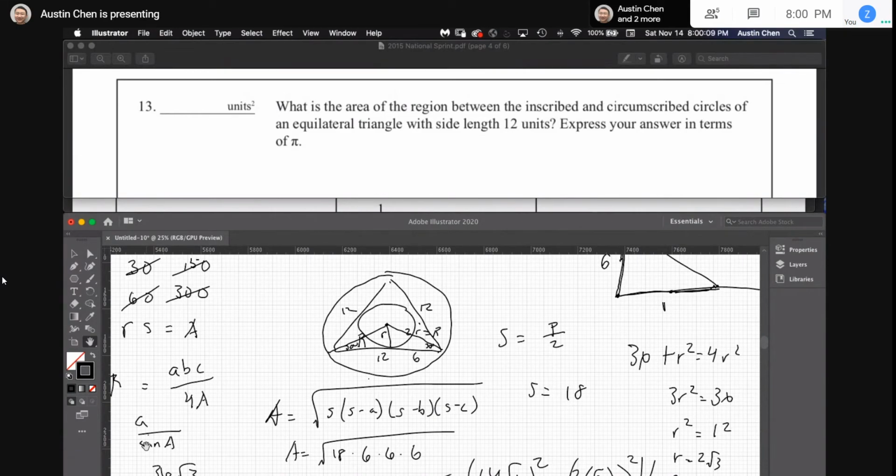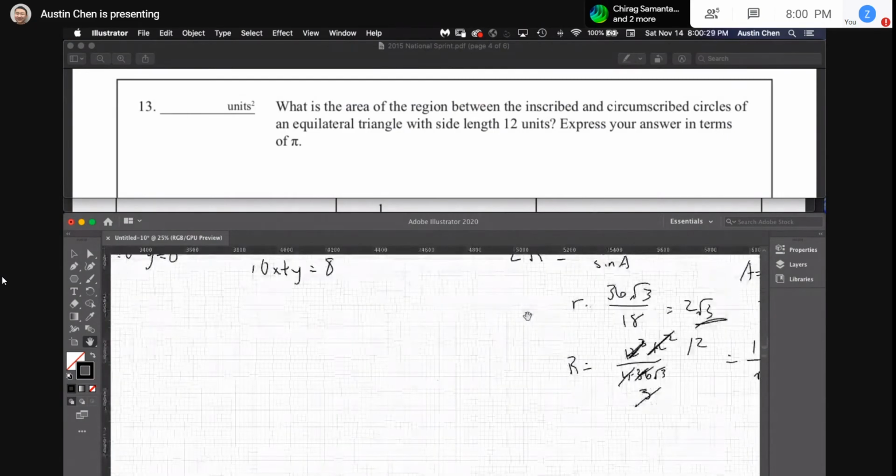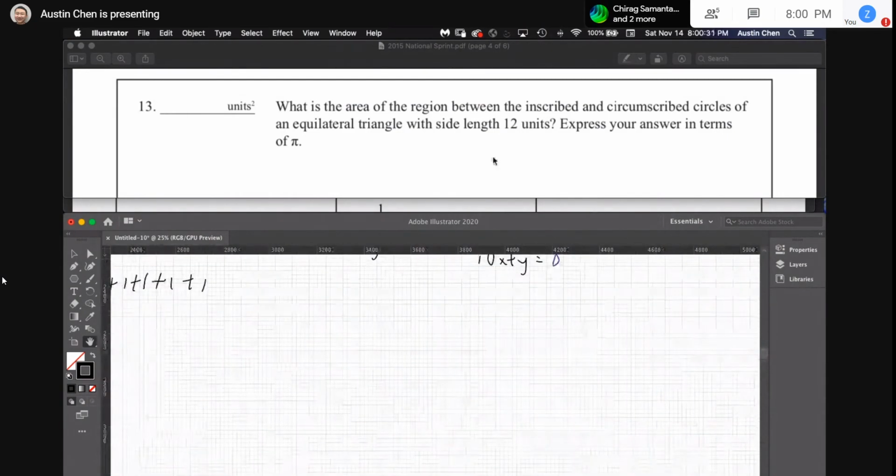The lines are all the same, so the centroid will split the median 1 to 2. So you can also view it that way. Sure. Yeah. All right, let's move on.